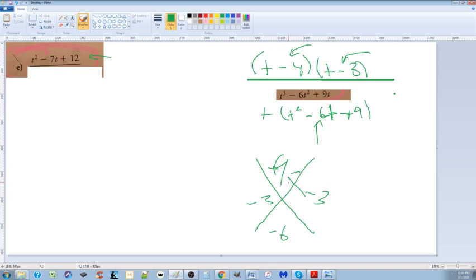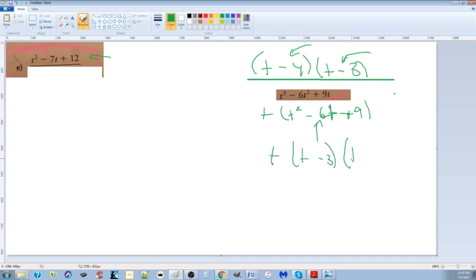So right away we figured out the factors. That's also called a perfect square. So we just rewrite it as t minus 3, t minus 3, and normally you just write that as t minus 3 squared.